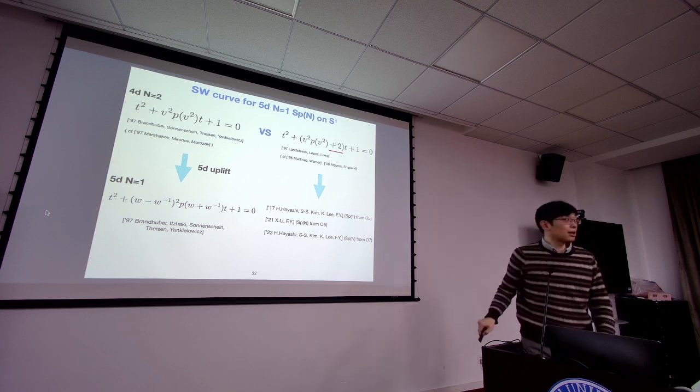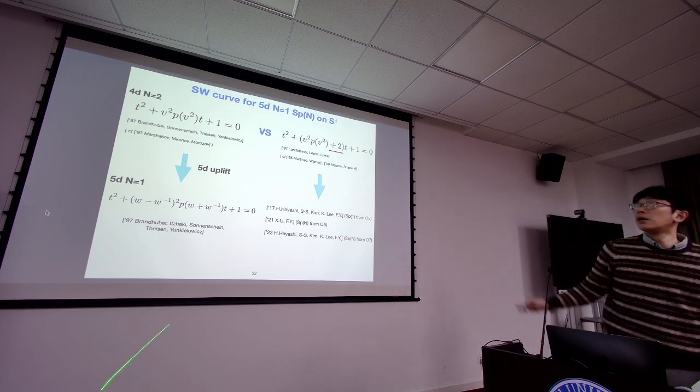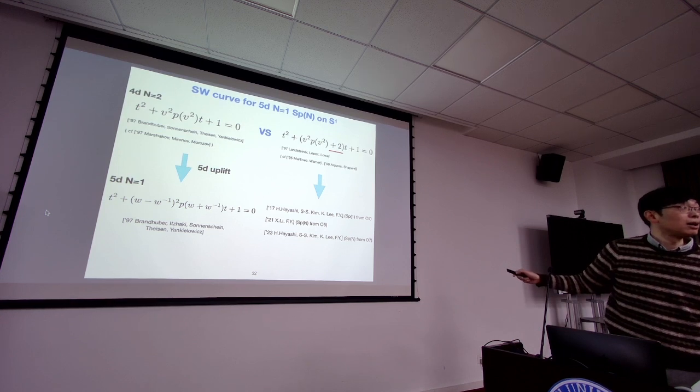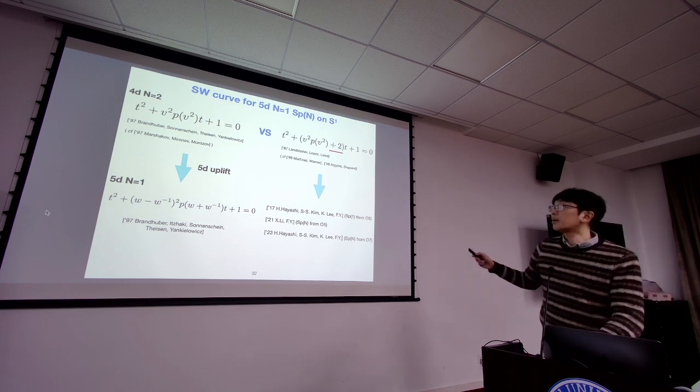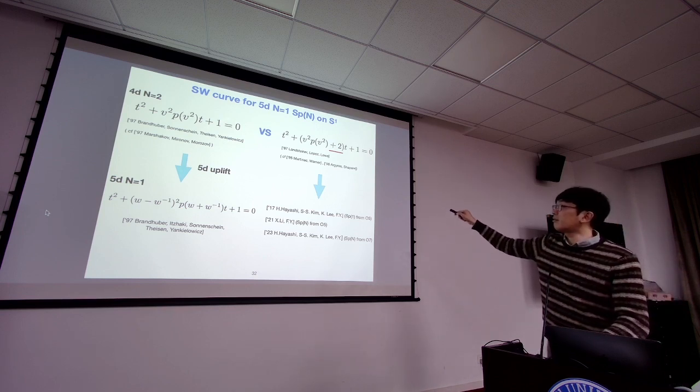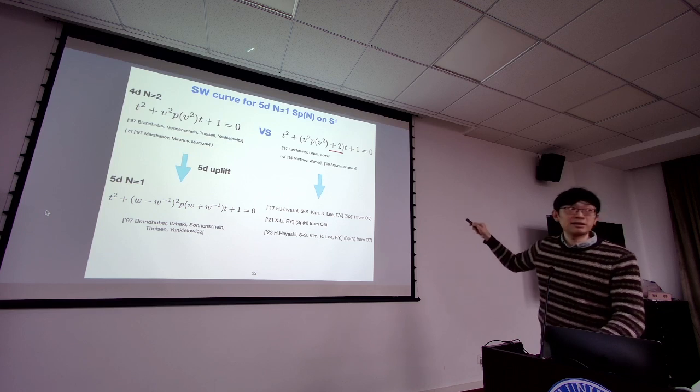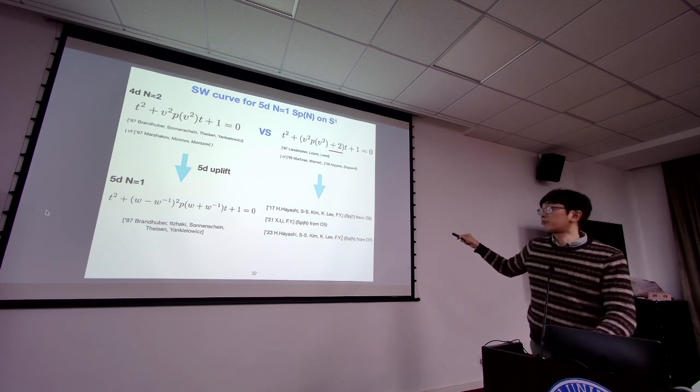I have a question. Uh-huh. So can these two curves be related by reparametrizing this, I mean v prime, this and this? I said that they are not related by reparametrization.